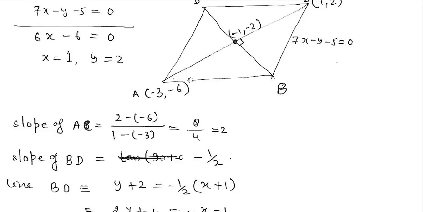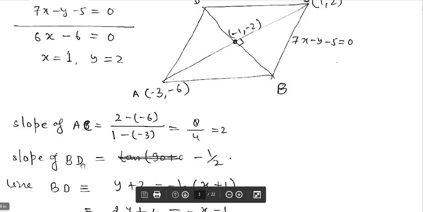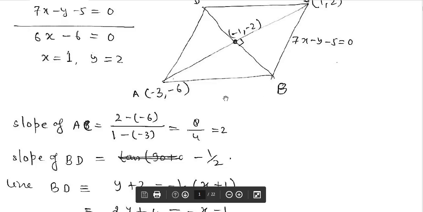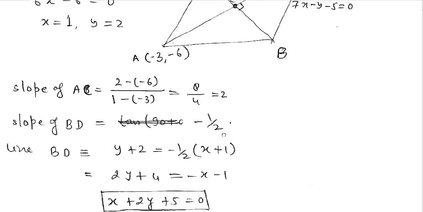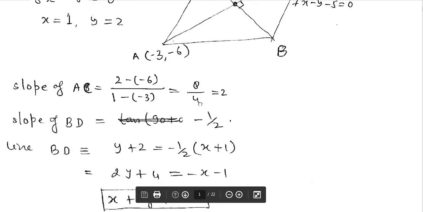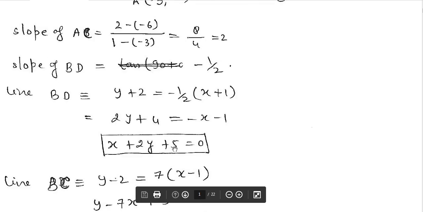Slope of AC is this, and then the slope of BD. Since we have the slope of this, hence we will get the slope of BD as minus half. So these are perpendicular to each other, hence we will get the line BD as the equation this.